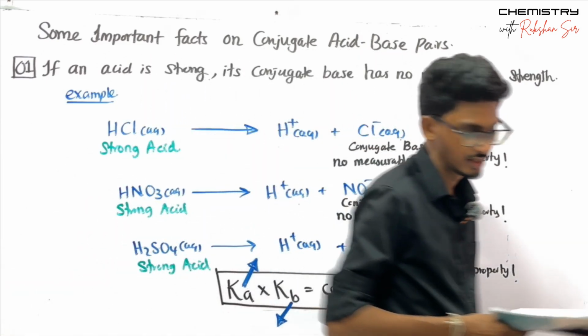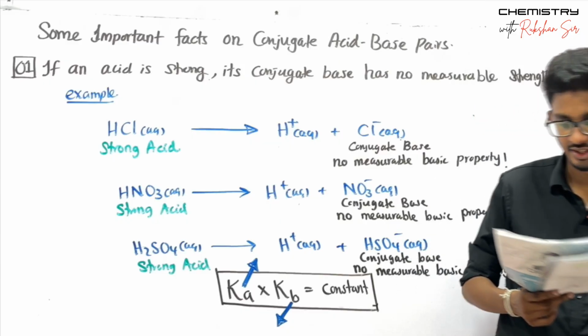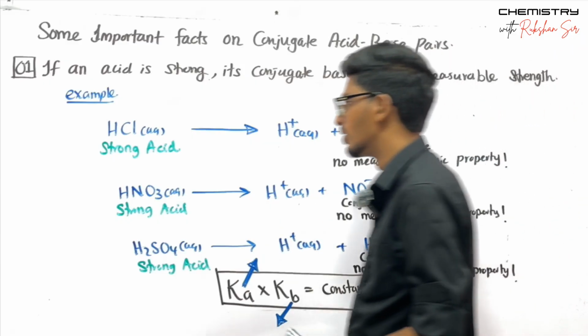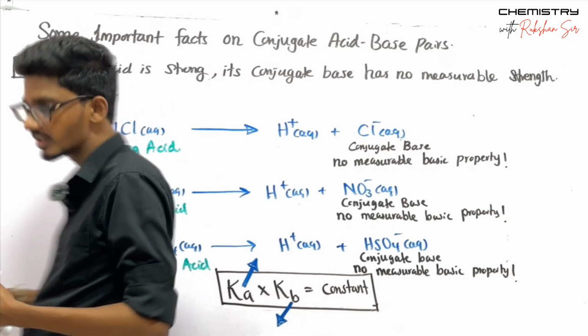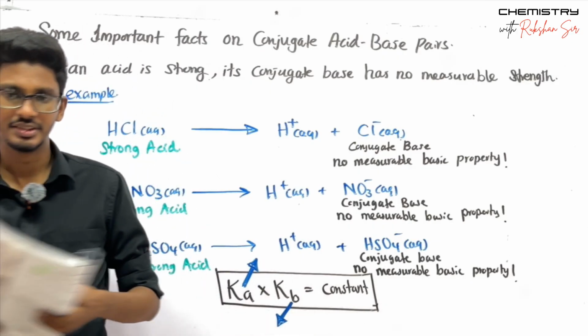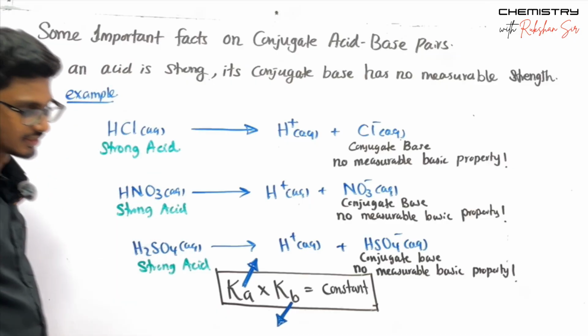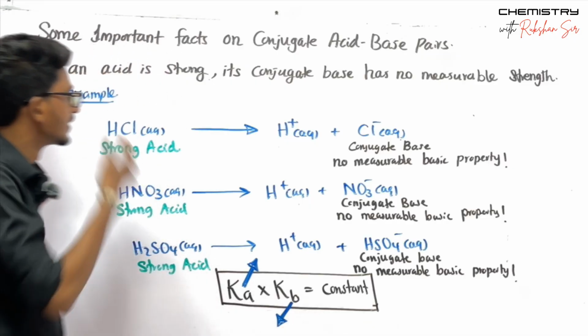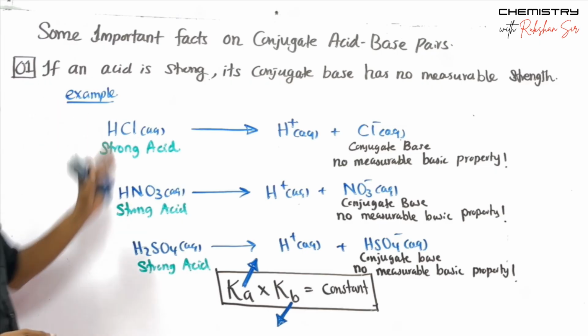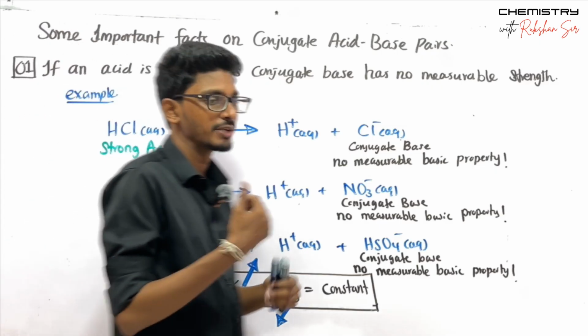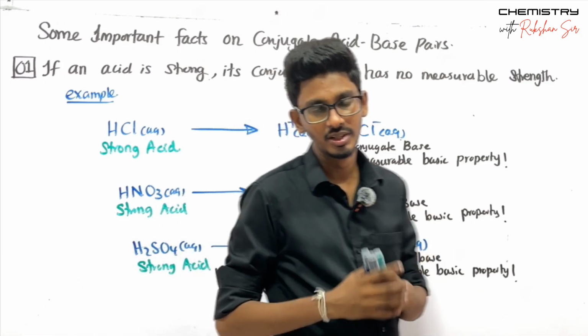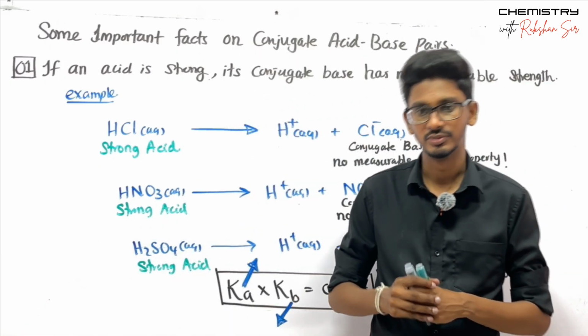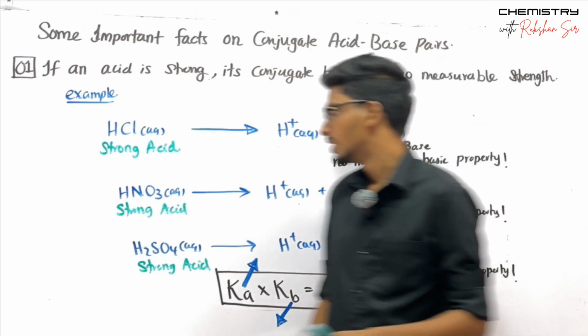That is the first thing about the conjugate pairs. If you are dealing with a conjugate acid, its conjugate base does not have a measurable basic property, so we can say 0 even.